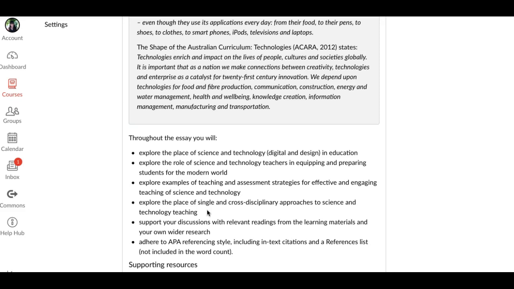I might decide to focus on PBL, for example, and talk about how it's a preferred pedagogy for science and technology teaching because it does all the things, you say what they are, that research says students need to be engaged in those subjects. And so we're linking the engagement back to the quotes.